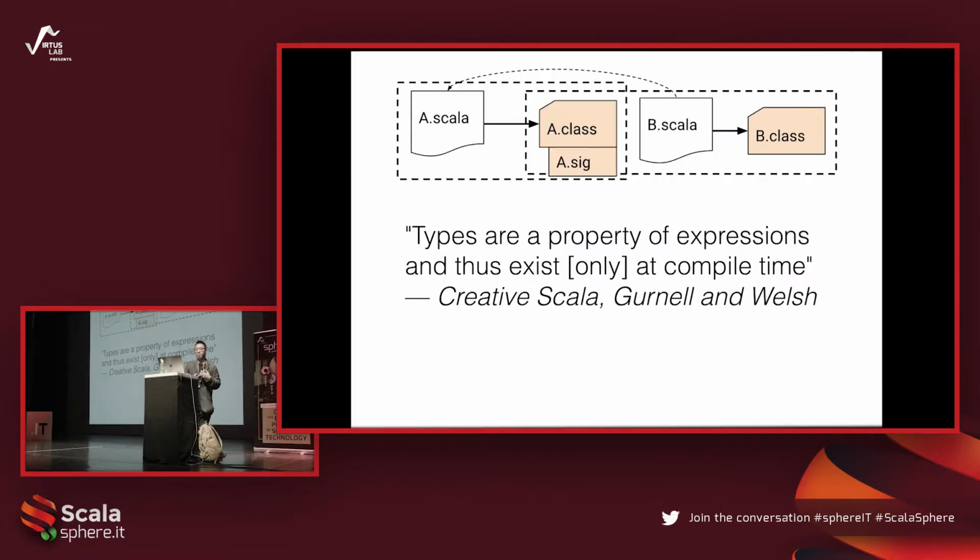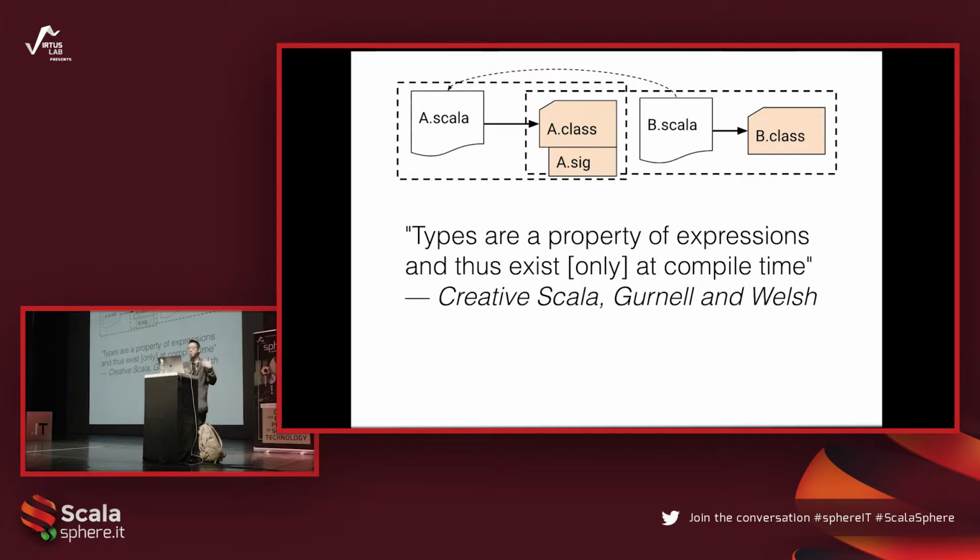In the talks at the contributor summit, Reactive Scala came up several times, and one of the quotes in there that I wish someone told me when I was starting out with Scala is that in Scala, types are a property of expressions, and thus they only exist during compile time.